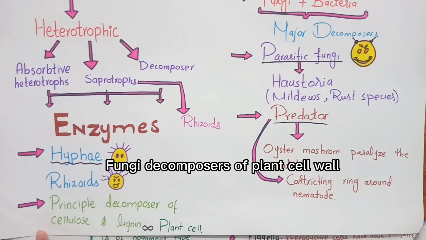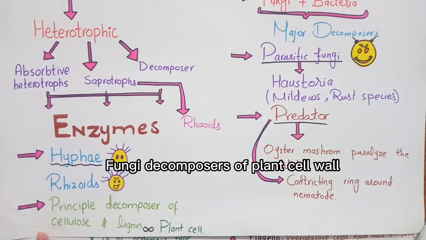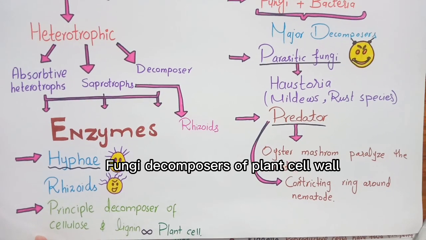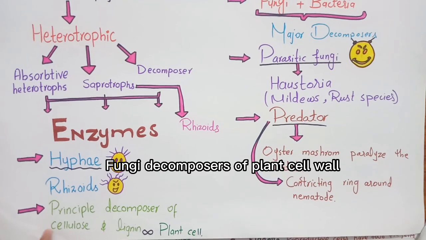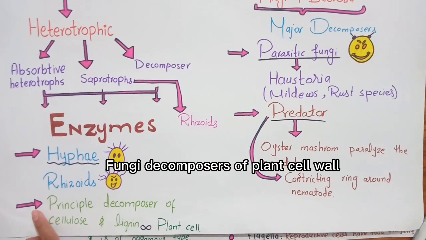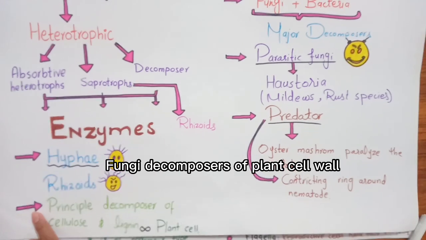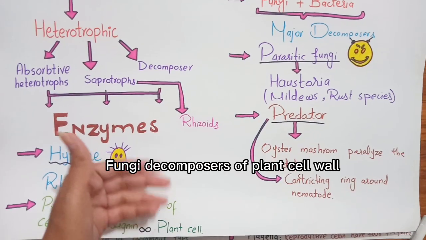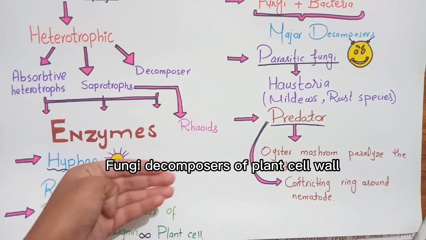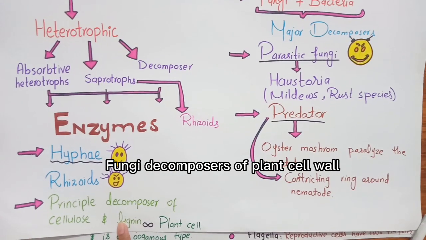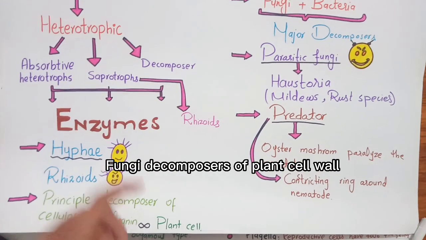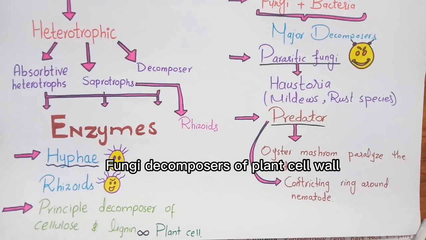The next point is that fungi are the principal decomposers of lignin and cellulose. Why is it important here? Because, as we know, fungi are somehow related to plants, but their heterotrophic nature excludes them from being plants.